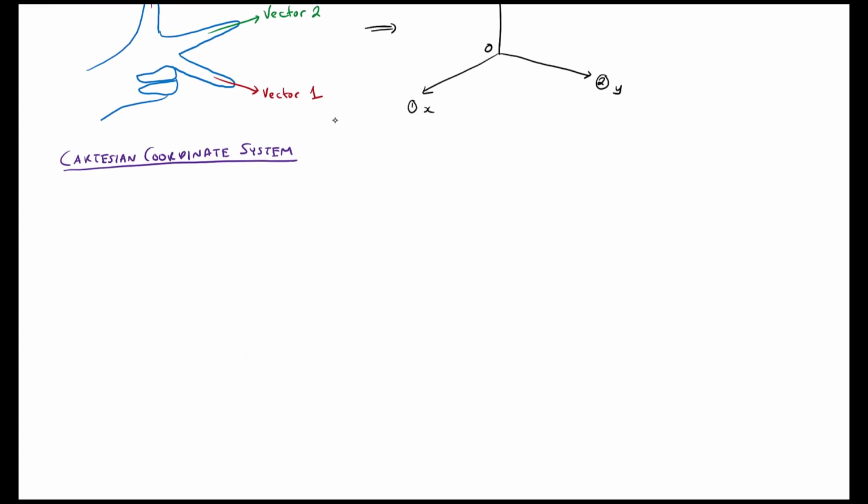So, in other words, we have 3 unit vectors, x hat, y hat, and z hat, and they are arranged in this order.